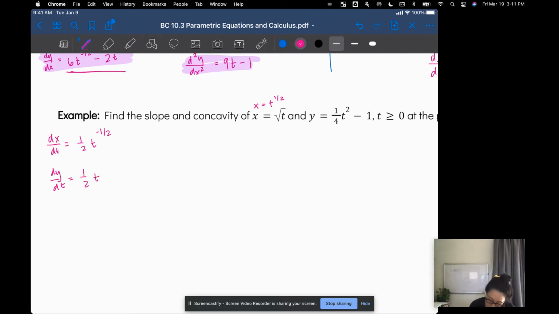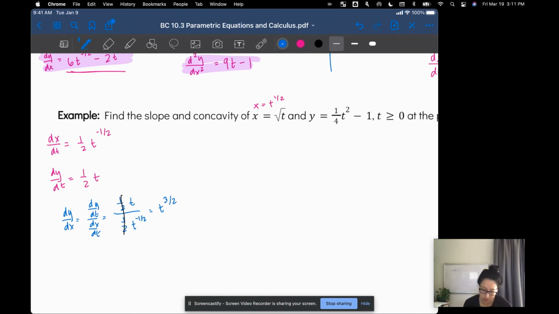All right, so that means that dy/dx is equal to dy/dt over dx/dt. So I end up with 1 half t over 1 half t to the negative 1 half. My 1 halves cancel, and then I'm going to subtract: 1 minus negative 1 half, giving me t to the 3 halves.